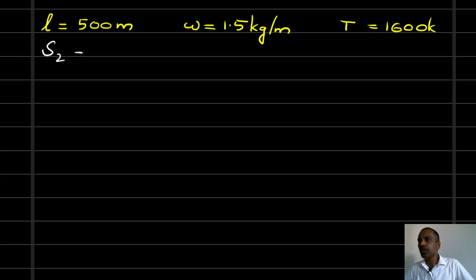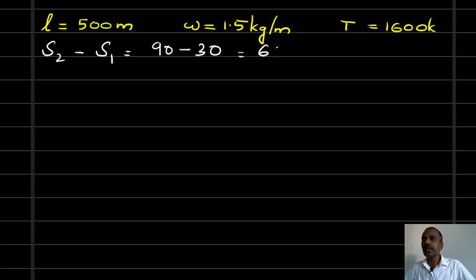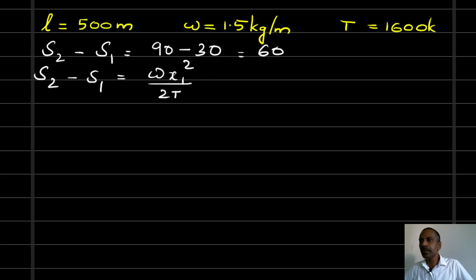We can write S2 minus S1 is equal to 90 minus 30, the difference between the two towers. It's equal to 60 meter. We can also write S2 minus S1 is equal to W x2 square divided by 2t minus W x1 square divided by 2t.